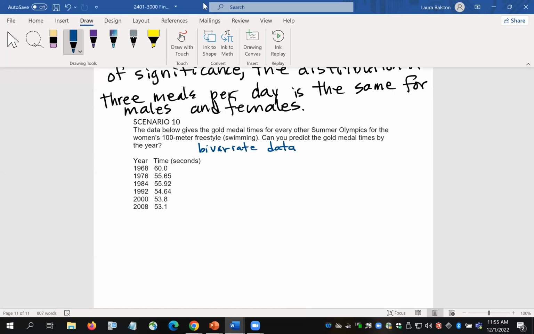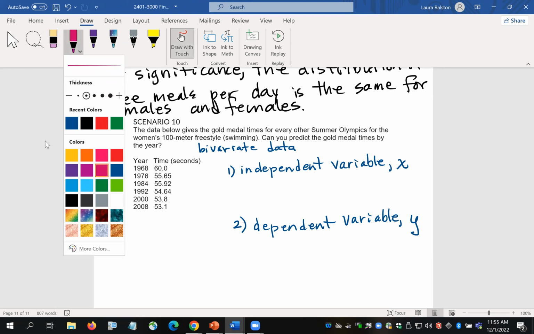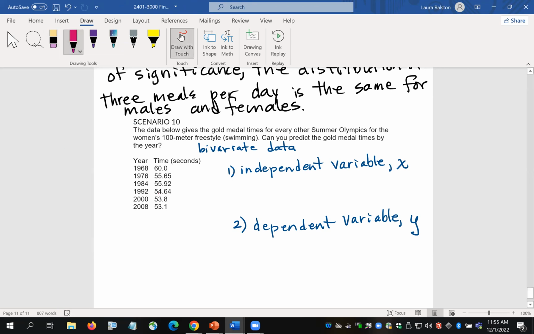So we begin in this problem. The first thing we have to do is to identify which of the variables is going to play the role of the independent variable, which is your X, and which is your dependent variable, which is the Y. Now, if you go back and look at your notes, I gave you some guidelines about how to make this decision.